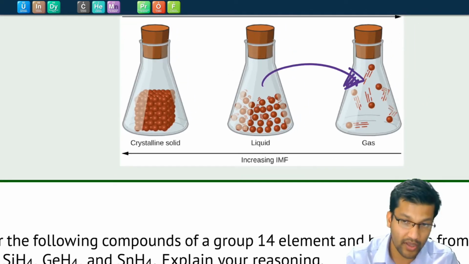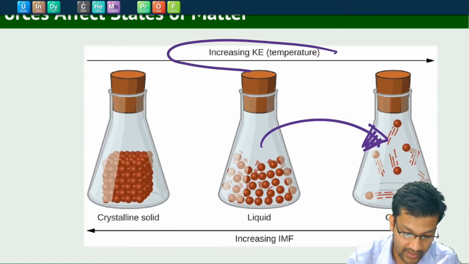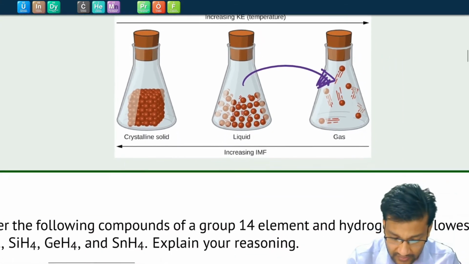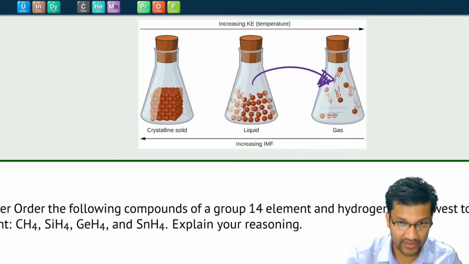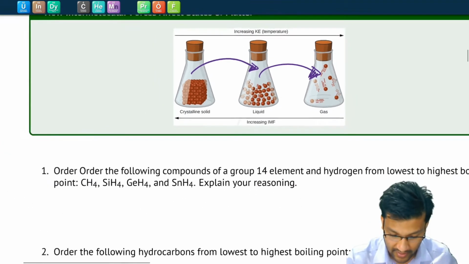So the highest boiling point here means that the intermolecular forces are stronger, so it takes more energy to turn them into the gas phase, to break those intermolecular forces. This is what this arrow is telling you. You need to add more energy to break those intermolecular forces through heat or temperature. So the stronger your intermolecular forces, the higher your boiling point, the higher your melting point, right? Because it's harder to go from a solid to a liquid.